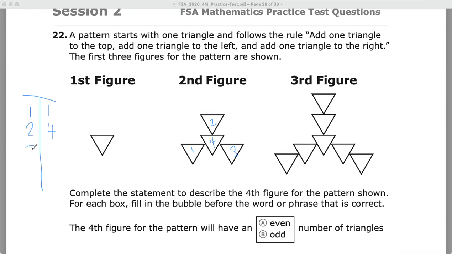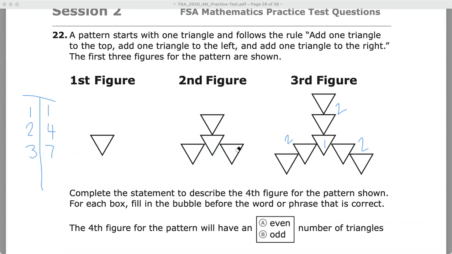The third figure has, I'm just going to say 2 here, 2 here, 2 here, and 1 in the middle. So 6 plus 1 is 7. So here we have a pattern going, right? And we want to know, I have to scroll down a little bit.